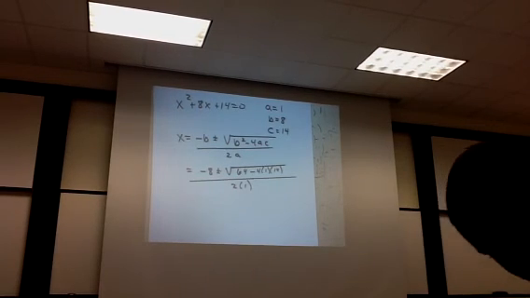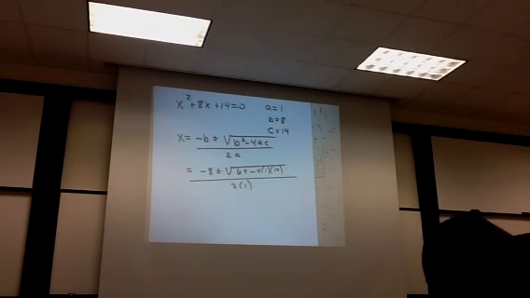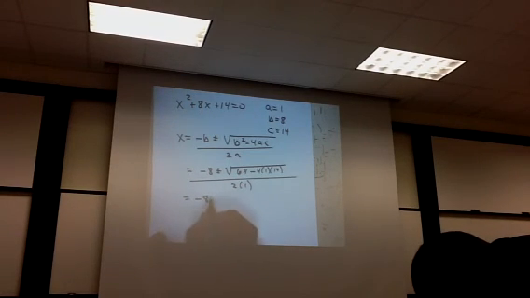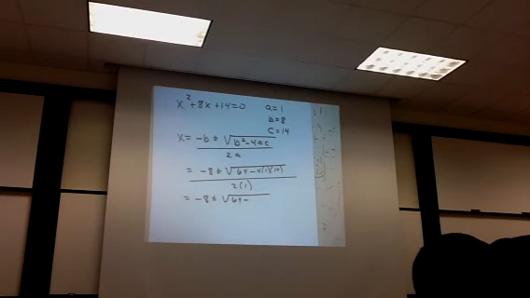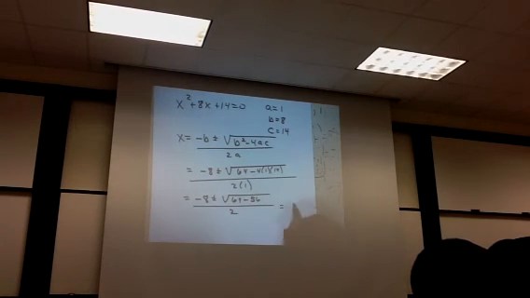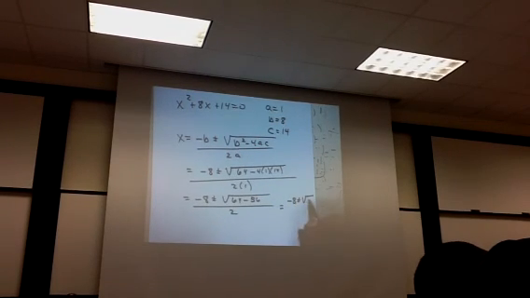That one going to be okay? I think so. All right, so I get negative 8 plus or minus the square root of 64 minus what? 56. Okay. Negative 8 plus or minus the square root of 8, over 2.